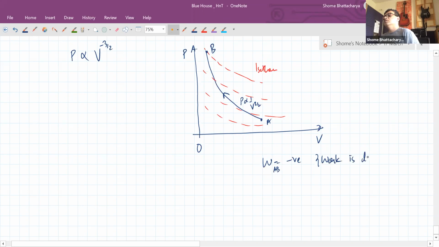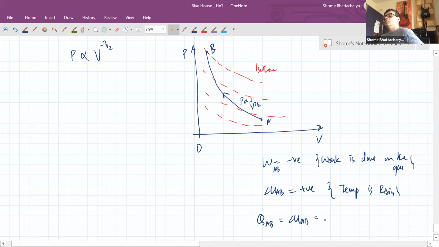Work is done on the gas. But delta UAB is positive because temperature is rising. So QAB is going to be a negative quantity because C was negative.